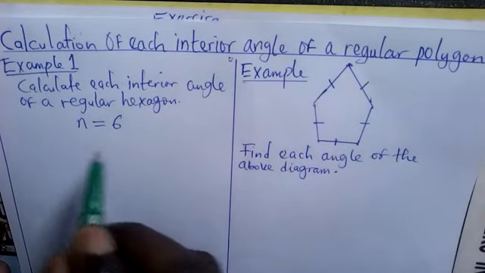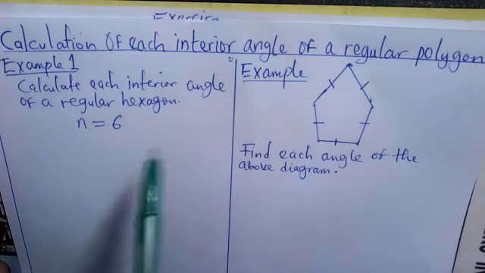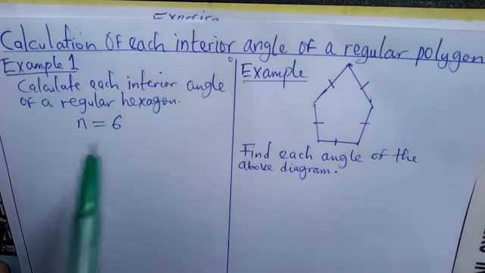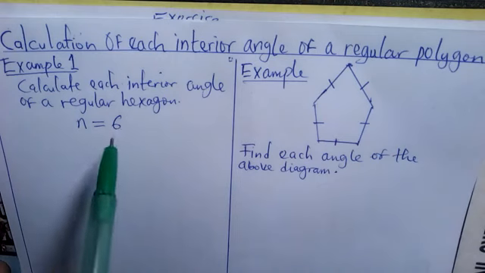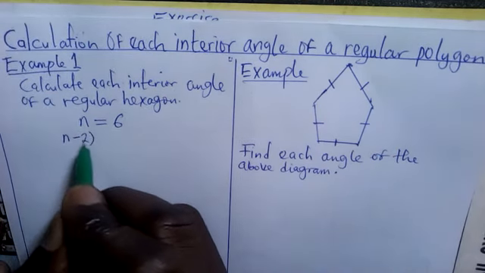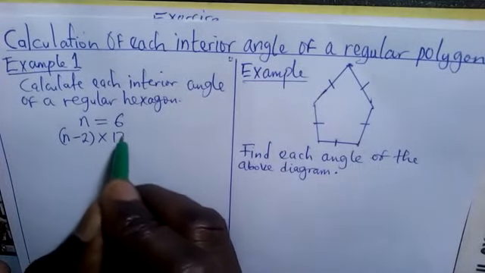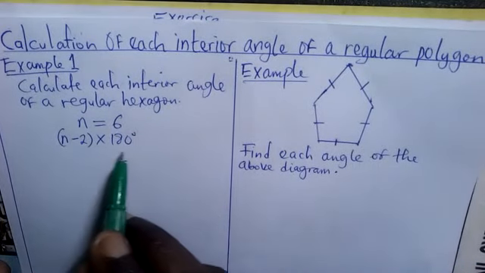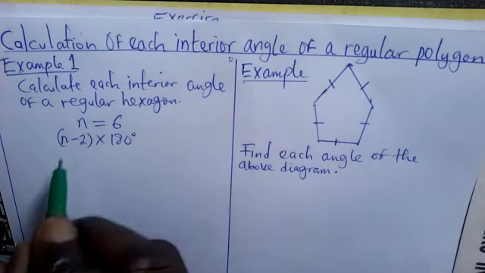So the next thing I need to do now is to get the total of all the angles inside the polygon. This formula will help you to get the total angles: n minus 2 times 180 degrees. So what is my n?